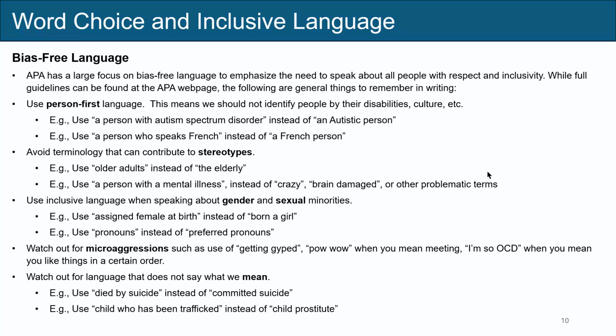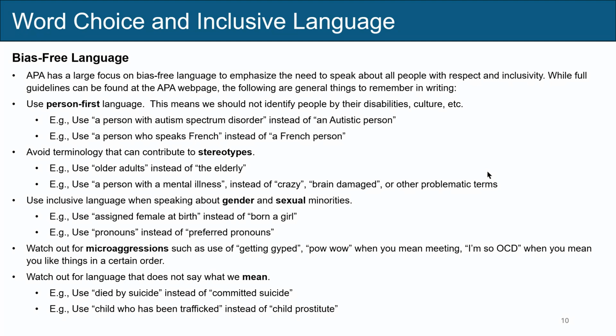Making sure that you use inclusive language when you're talking about gender and sexual minorities. So what is often in Canada spoken about as LGBTQ2SA+. So they have a whole section in the Inclusive Language Guide about that.